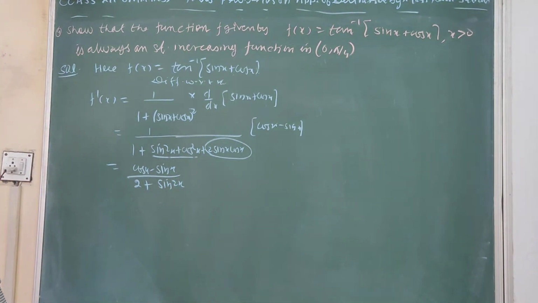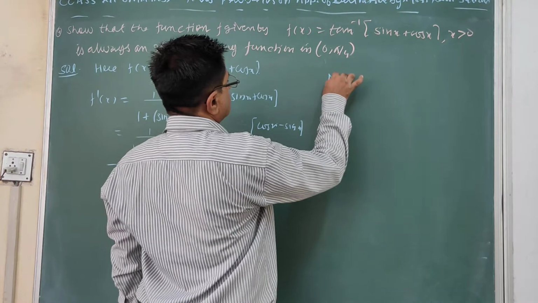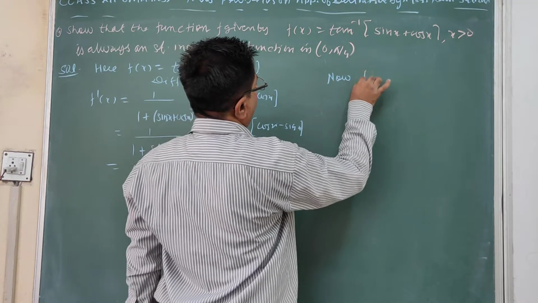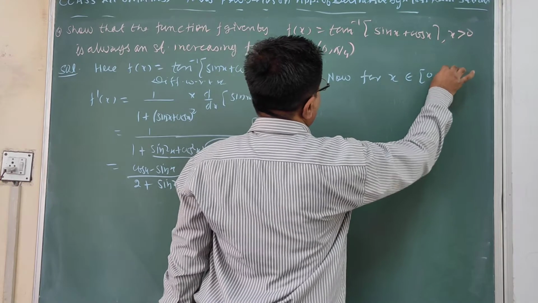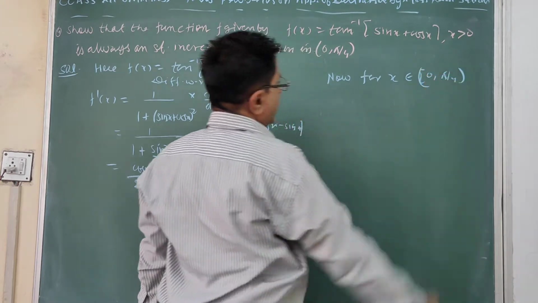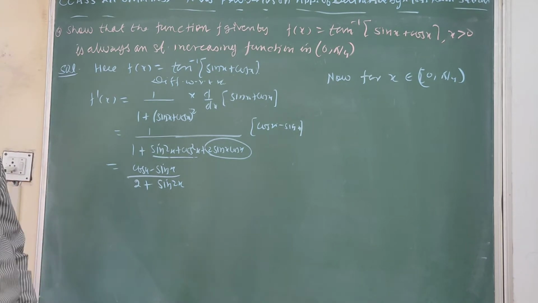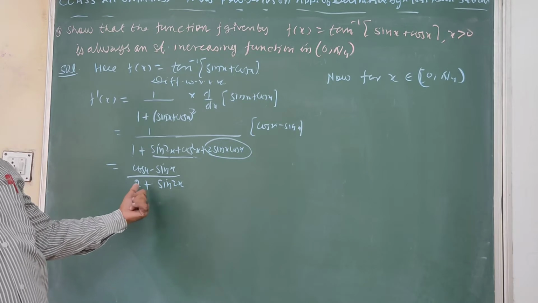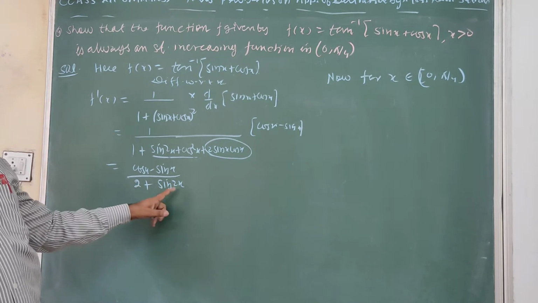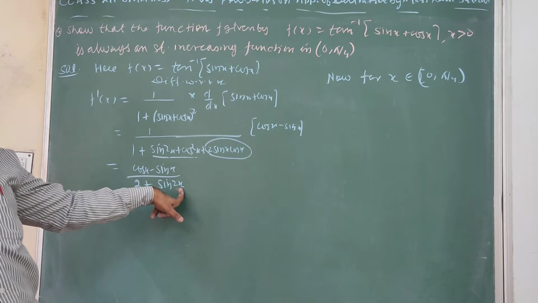This is the derivative. Now you can say the value of it for x belongs to 0 to pi by 4. As x is in 0 to pi by 4, it means this is positive and it is in the first quadrant. So this 2 is already positive, and sine 2x is also in the first quadrant.